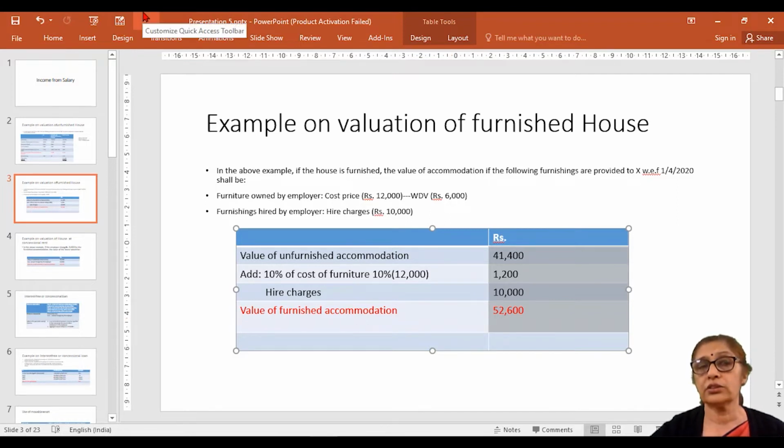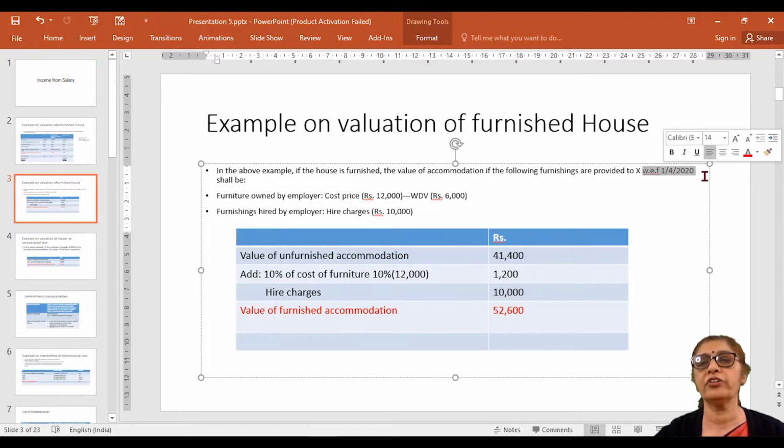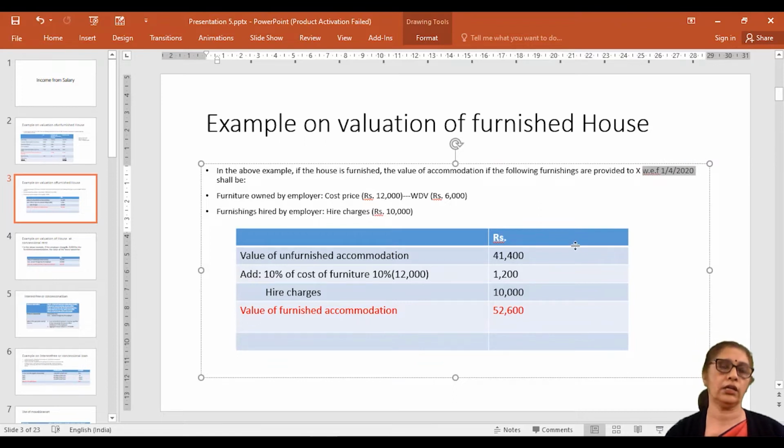Similar to the house, there's a possibility that you get the house for the whole year, but furnishings you get for 6 months. In this question we have furnishings provided with effect from 1st April 2020, which means you are given the furnishings for the entire year. Let's say you are given the furnishings for 6 months.